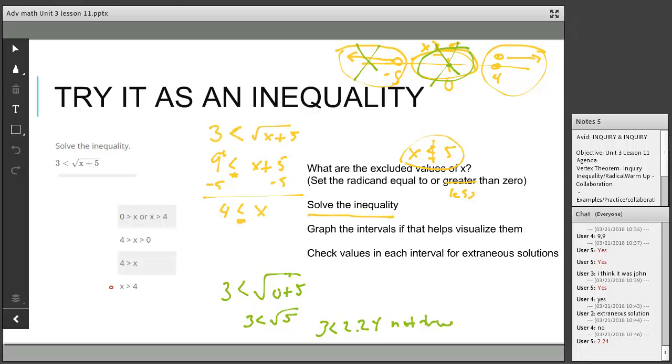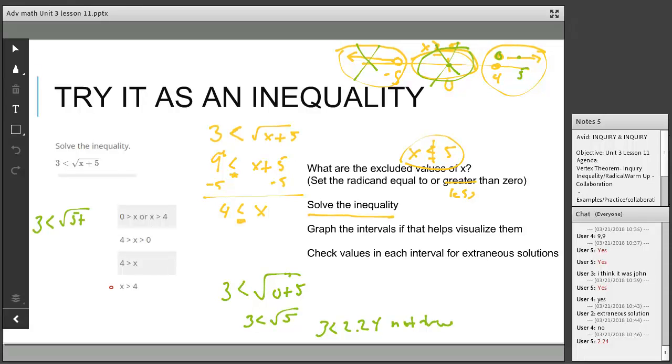The difference between solving an equality and an inequality is we're going to come up with these solution sets, these areas where we need to test a value. Our last one was x greater than 4. So let's pick a test number in there. Let's pick 5.